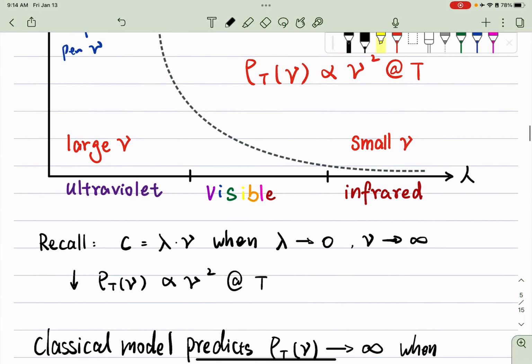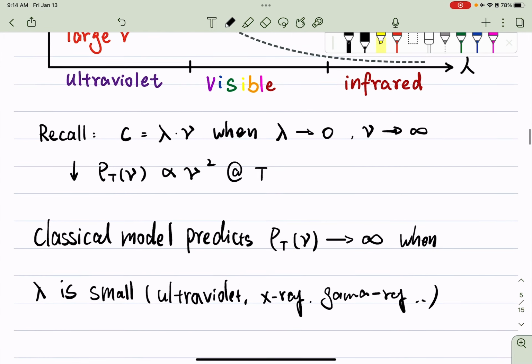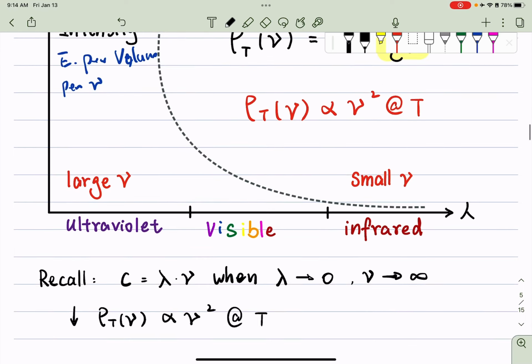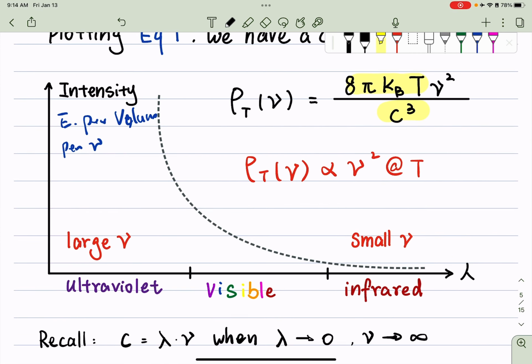So that's actually a big failure, even by common sense, because we know ultraviolet radiation exists, we know X-ray exists. But in those low wavelength regions of high frequency, we don't have an infinite amount of intensity, or a very high amount of intensity of black body radiation that just burns everybody out. So that's just wrong from common sense.